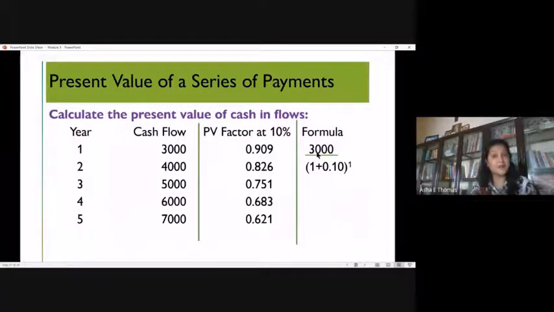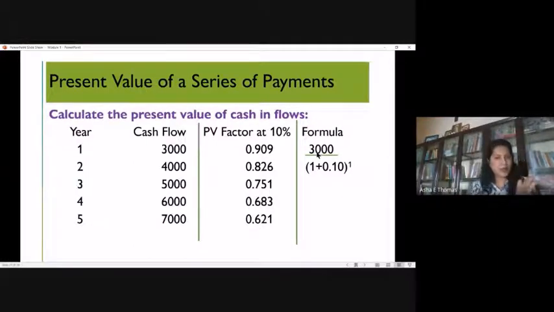But the concept is this: what is the value of 1 rupee after 1 year or 2 years or 3 years, which is dependent on the discount factor. If I am saying that the expected depreciation is very high, my rate of interest, the discount rate, would be high, depending on the present conditions prevailing in the economy.